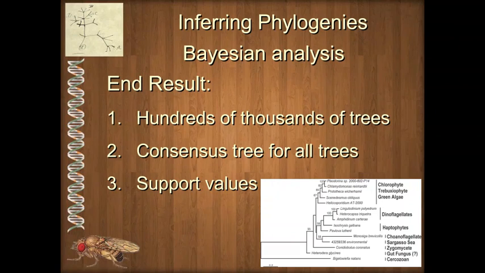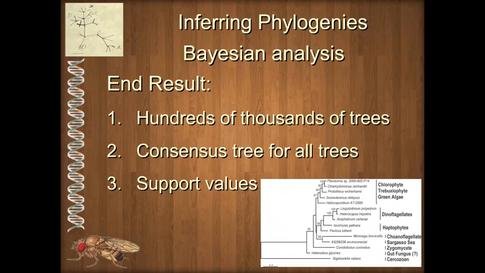So the nice thing about the Bayesian analysis is that we end up with support values as part of the process of doing the tree. We'll look at other support values in our next unit that are used for other analyses, but a maximum likelihood analysis gives you a tree, but it doesn't tell you if some of those relationships are better supported than others. A parsimony analysis, the same thing.